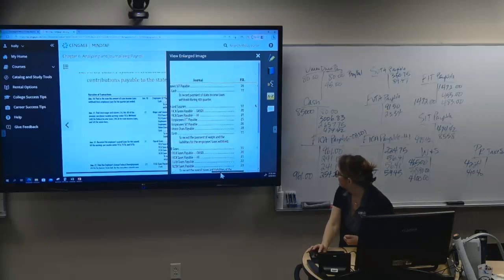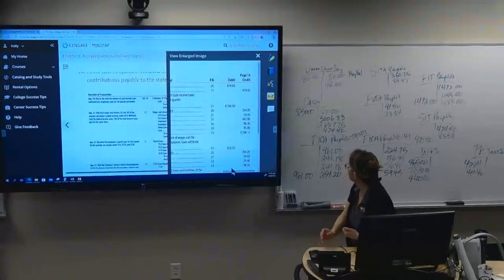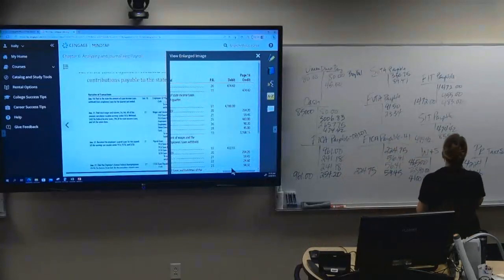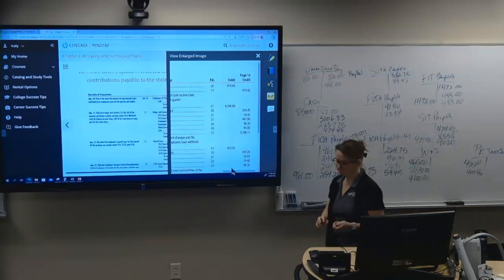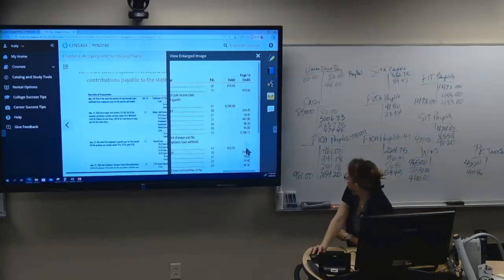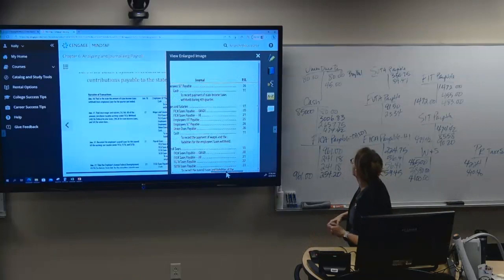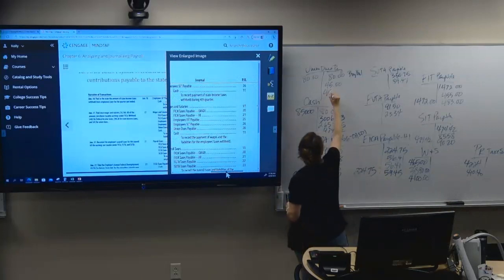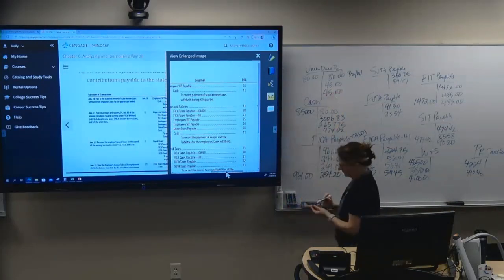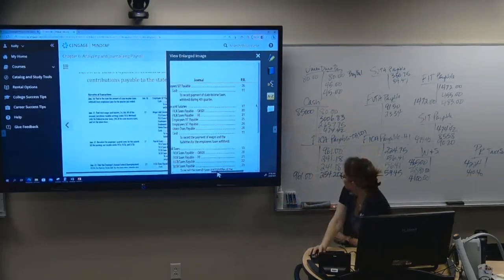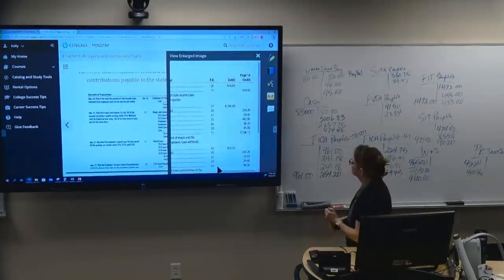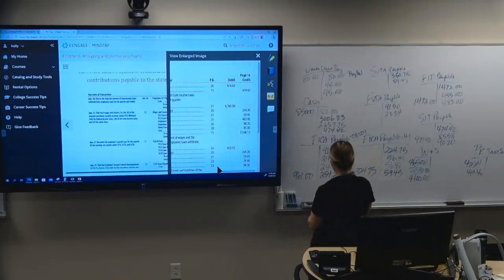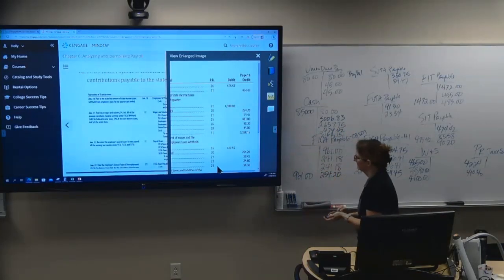State income taxes, $90.20. And $45 for union dues payable. And then we've got cash out of $3168.15. I'm running out of space. $3168.15.